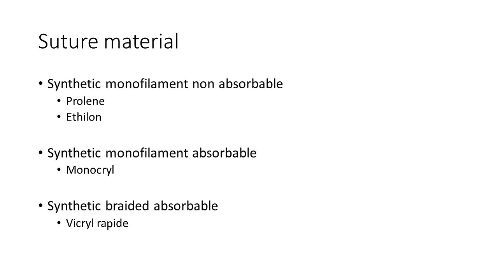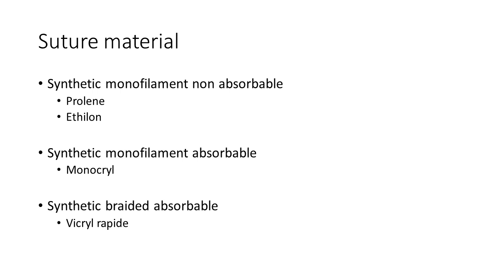Sutures can also be absorbable, that is to say they don't need to be removed, or non-absorbable, that is they will need to be removed at a time period after insertion.